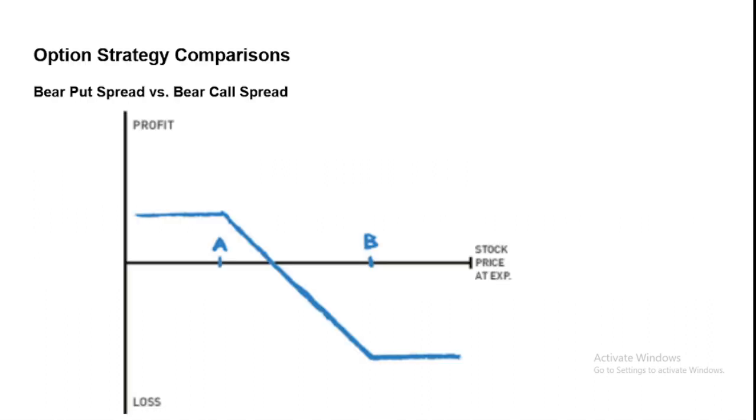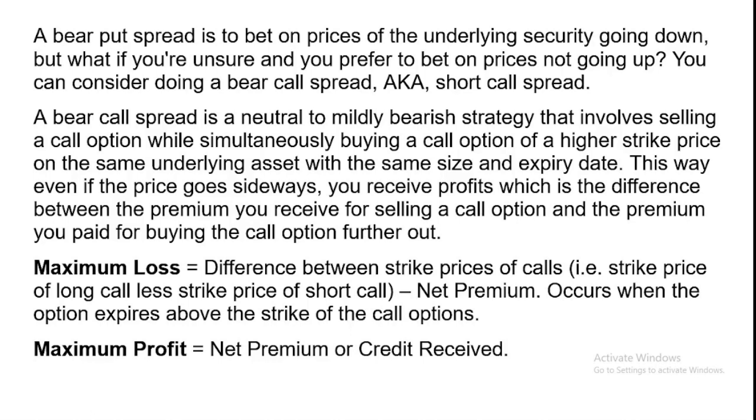So the options strategy comparison, we are basically comparing a bear put spread versus a bear call spread. A bear put spread is to bet on prices of the underlying security going down. Or what if you are unsure and you prefer to bet on prices not going up?